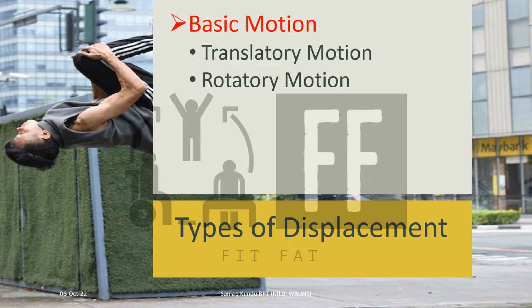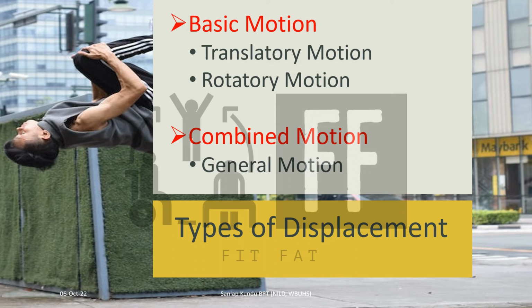We will talk about that later, but the second motion is the combined motion, and as the name suggests, it is the combination of both translatory and rotatory motion, which is also called the general motion. General means it generally happens in our body that when we move a specific structure, there is also some amount of translatory motion and some amount of rotatory motion.